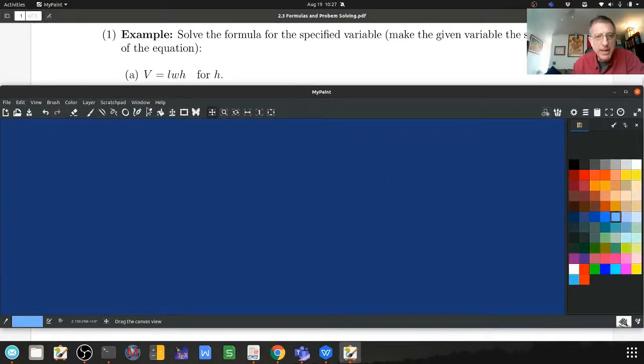So here we have a formula, and it is volume is equal to length times width times height. And we want to solve for H. So I'm going to give you an example of this.